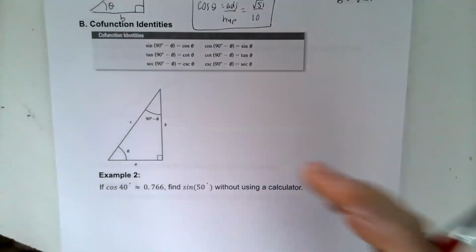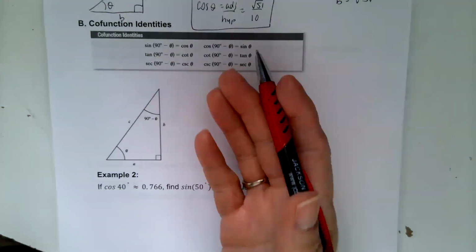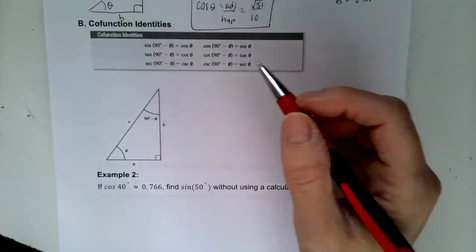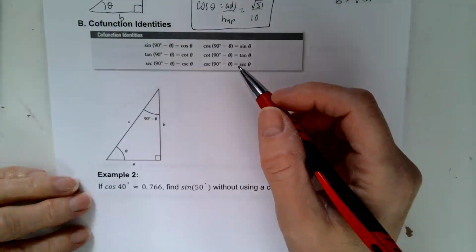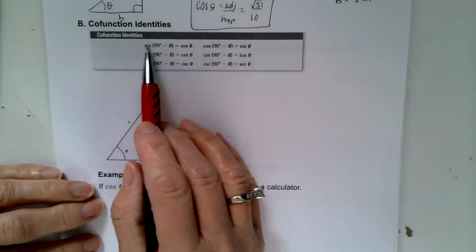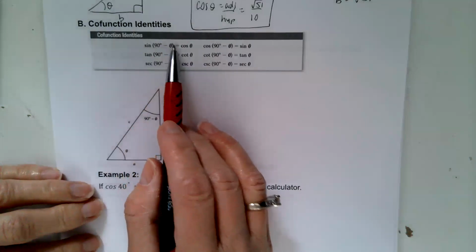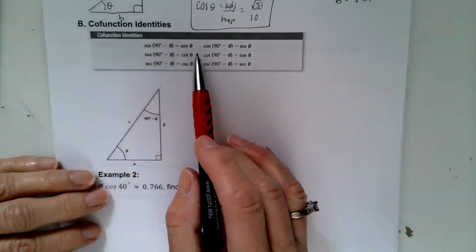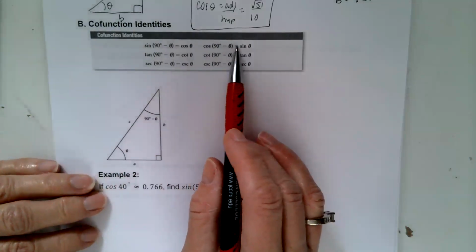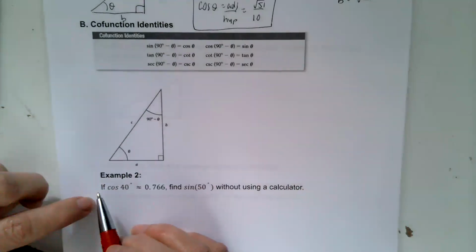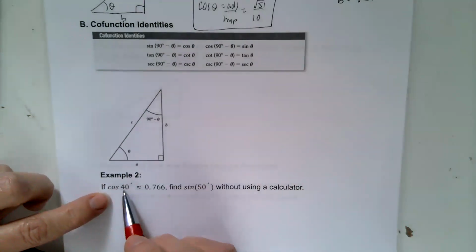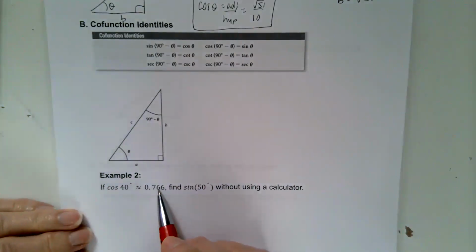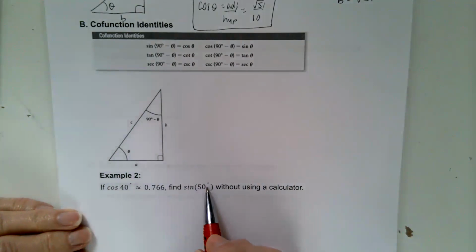We can also use these identities here. They're called cofunction identities to help us find values that are complements of each other. Sine of 90 minus theta is equal to the cosine of theta because they're complements of one another. And cosine of 90 minus theta is equal to sine of theta. In example 2, if the cosine of 40 degrees is approximately 0.766, find the sine of 50 degrees.